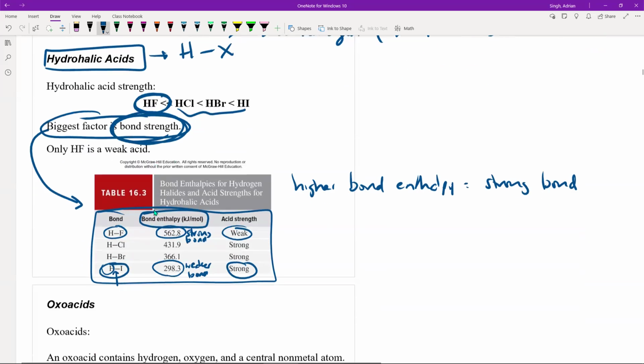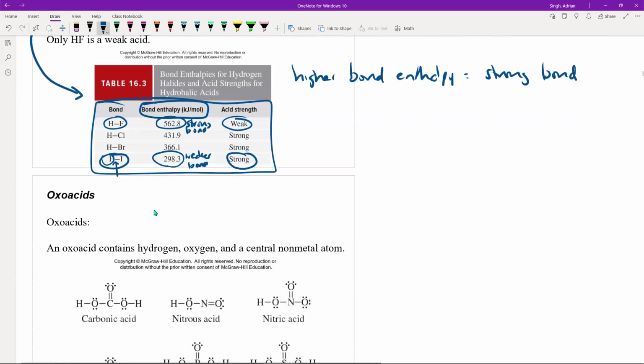The other main types of acids that we'll see are the oxo acids. Oxo acids, as the name suggests, contain hydrogen, contain oxygen most importantly, and also contain a non-metal atom that is usually in the middle, a central non-metal atom.